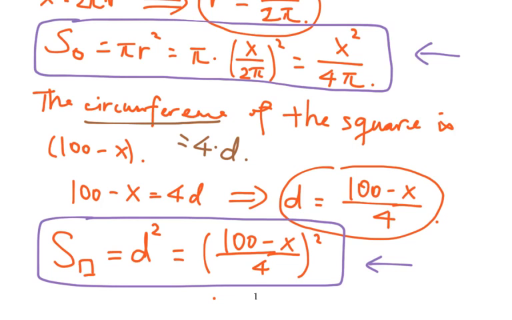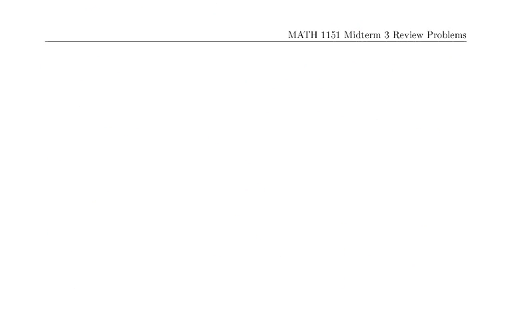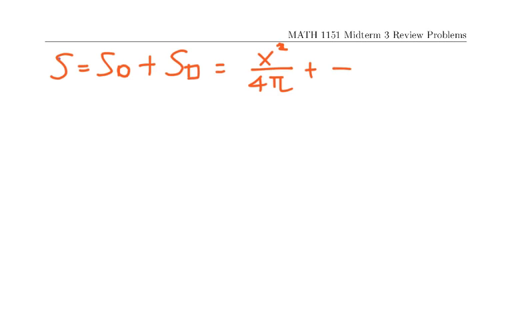We can find the combined area of the circle and the square, given by capital S equal to the sum of the area of the circle and the area of the square, which is x squared over 4 pi plus (100 minus x) squared over 16.